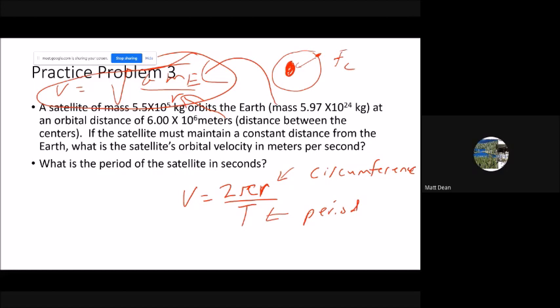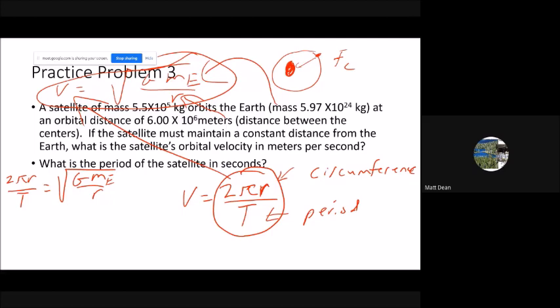So what we're going to have to do is take this and substitute it up here for v. That'll allow us to solve for period using that same equation. So let's write out what we've got. We've got 2 pi r over T equals the square root of G m_e over r.